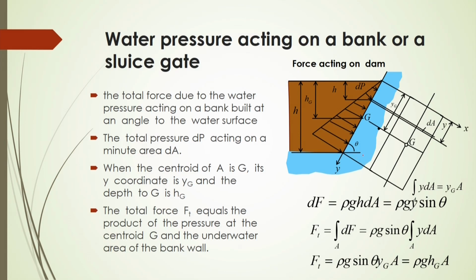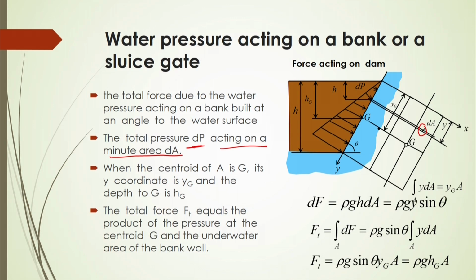The total pressure dP acting on a minute area dA considered here. What will be the pressure when the centroid of A is G, its y coordinate is yg, and the depth to the center of gravity is hg?